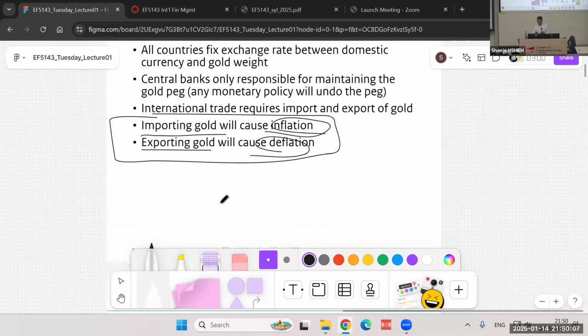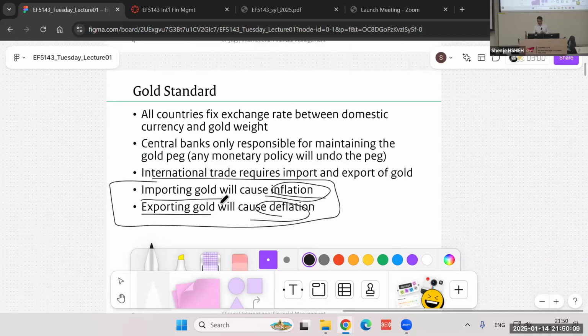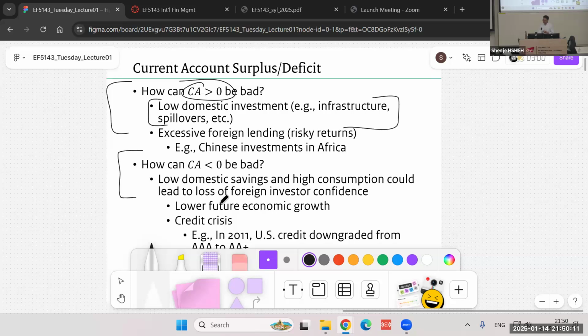Okay, so I posed some questions for you here. Why is an excessive positive current account bad? This is something you should be thinking about. Well, if you have a very, very positive current account, from a financial perspective it means that your total savings abroad is very, very big, right?